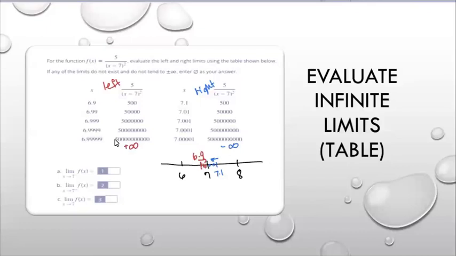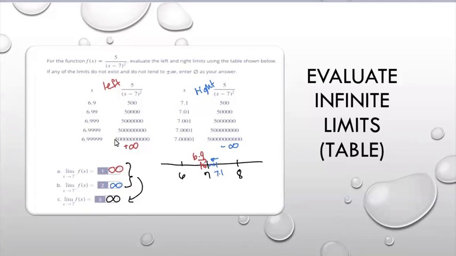So we set the limit as x approaches 7 from the left is infinity. The limit as x approaches 7 from the right is infinity, which means that the limit as x approaches 7 is infinity, because the behavior is the same as we approach the function from both sides.